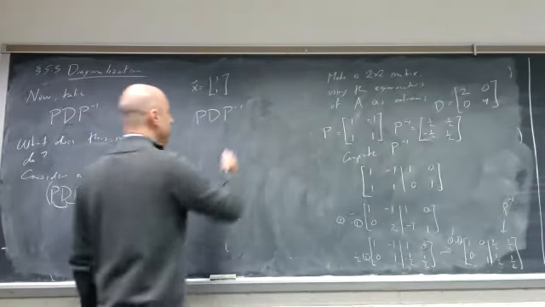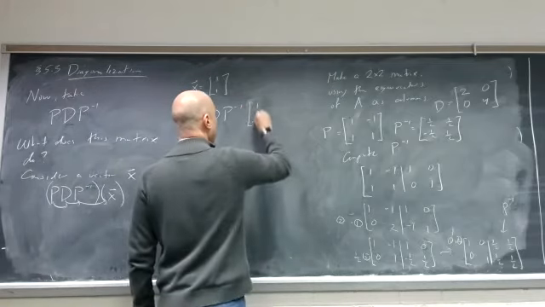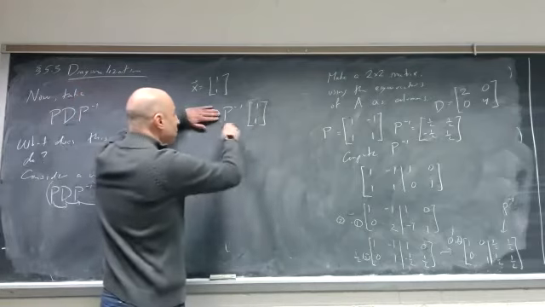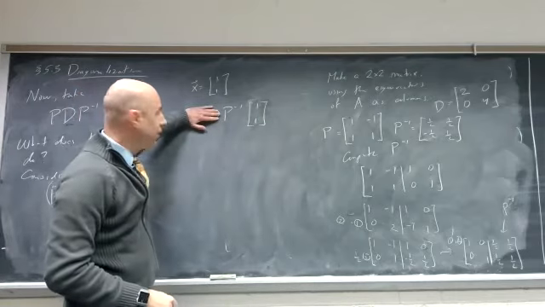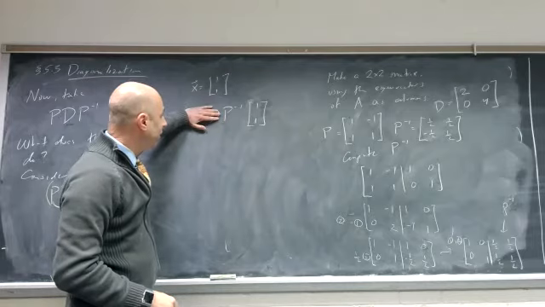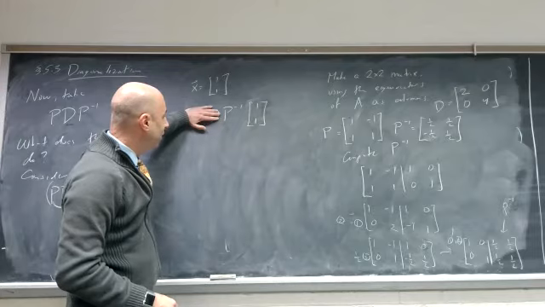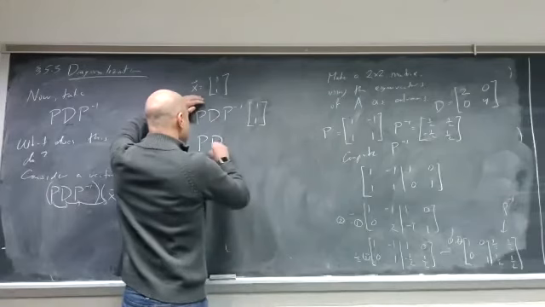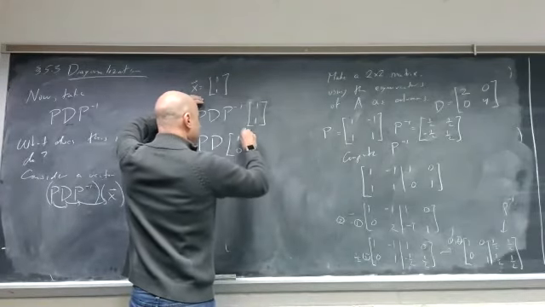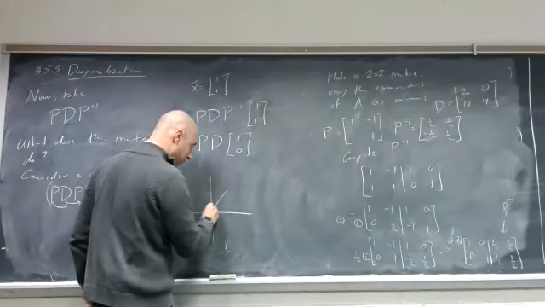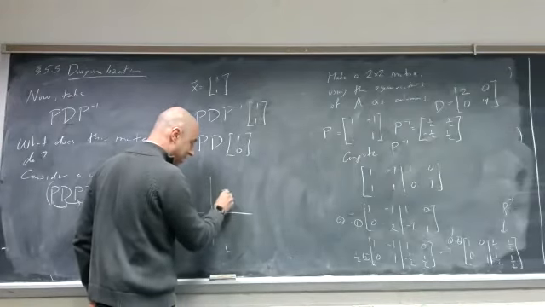So PDP inverse of 1, 1. What does P inverse do to 1, 1? We said that before. It changes it to 1, 0. So this is P D times 1, 0. So basically, you took this vector 1, 1 and moved it down to 1, 0.